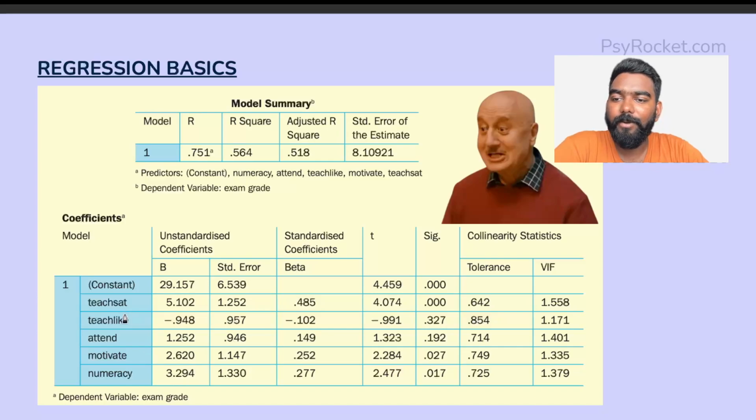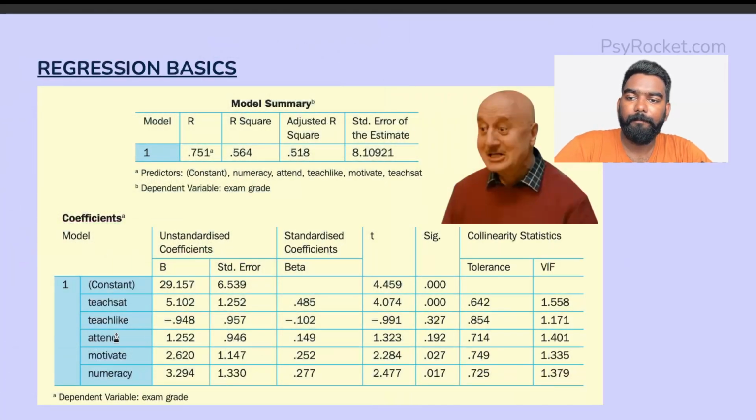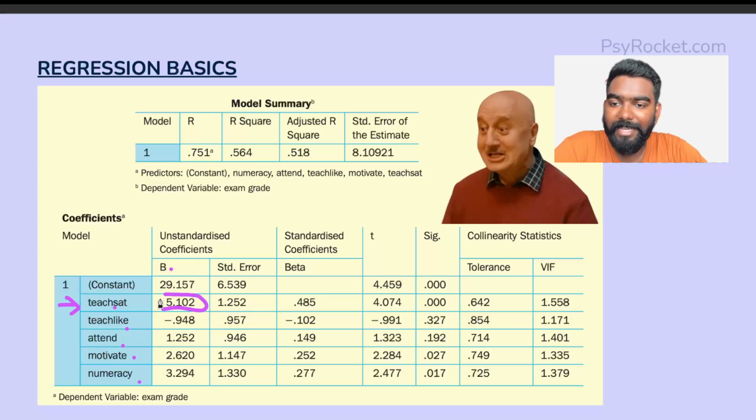See, let us say you conducted regression on this example. Now, there is teaching satisfaction, teacher likingness, attendance, motivation, and numeracy, and how each predictor will predict your exam grades. See, this B value is there now. This B weight is nothing but for each unit increase in teaching satisfaction, there are 5.102 units of increase in exam grades, our criterion variable.